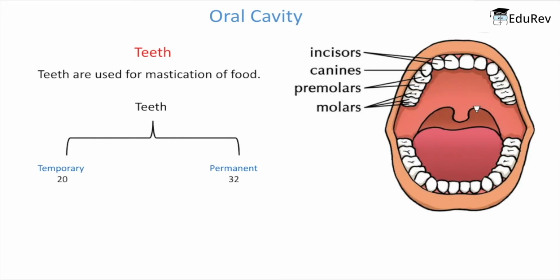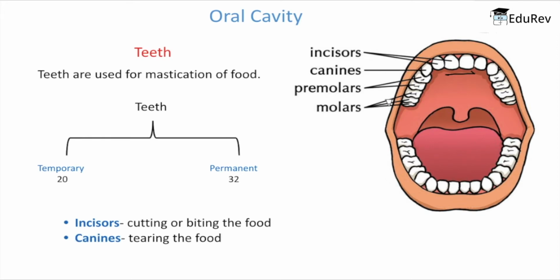In the image, the teeth in our buccal cavity are of four types. The first one is the incisors. These incisors are present at the front, and their function is only cutting or biting the food. Whenever you eat an apple or take a bite of any fruit or vegetable, the teeth you use for cutting or biting that food are the incisors.